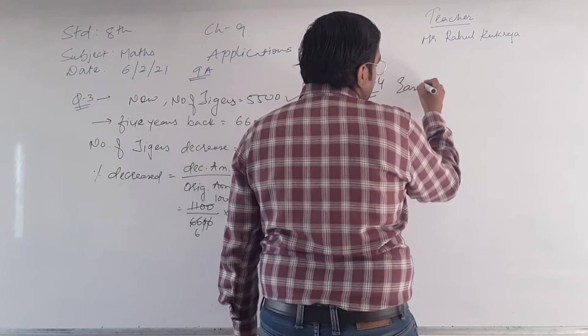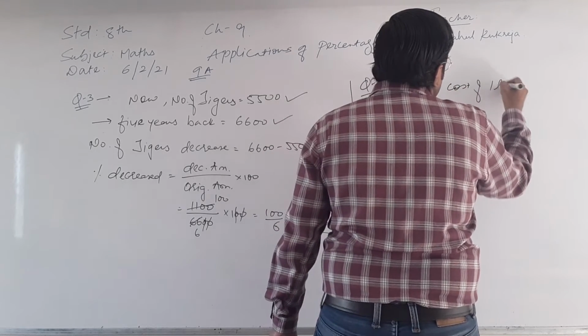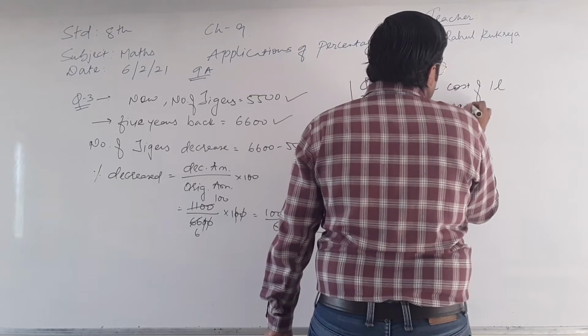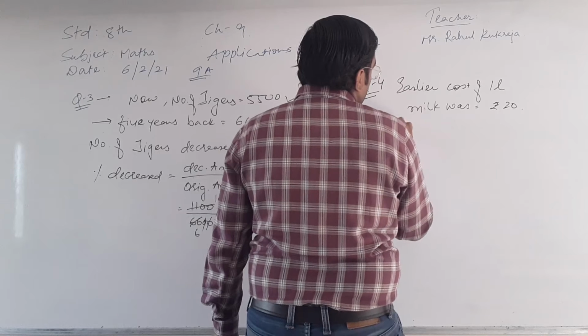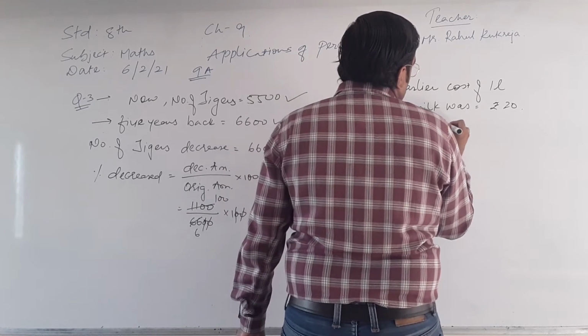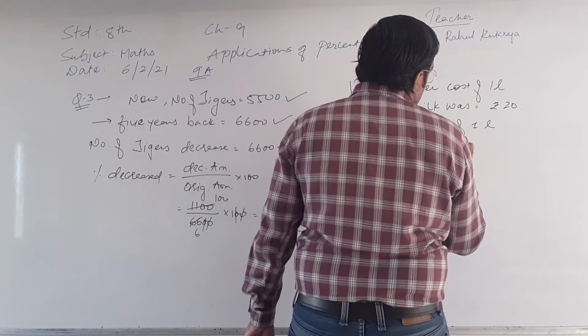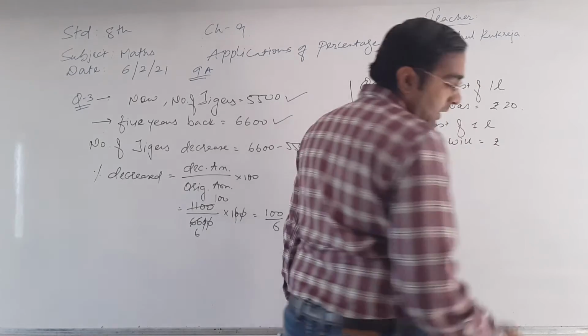So earlier cost of 1 liter milk was rupees 20, and now cost of 1 liter milk will be rupees 23.